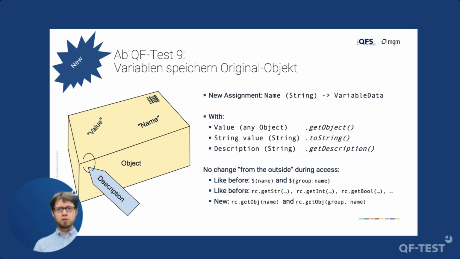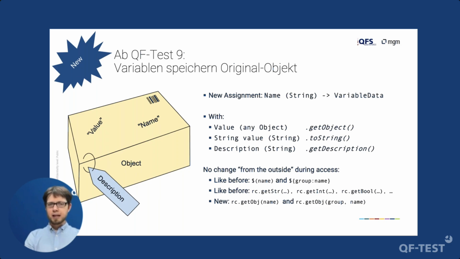We could now stop here, or I dive a little bit more deeply into how we can work with those variables, modify them, etc. So, like I said, we still have the getString, getBool, etc., the special getter methods in our run context.